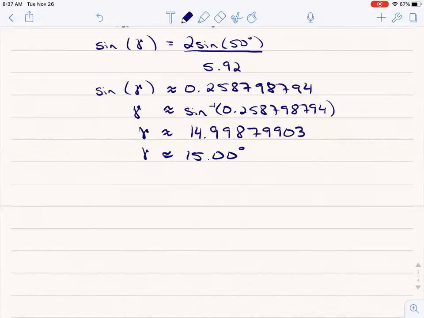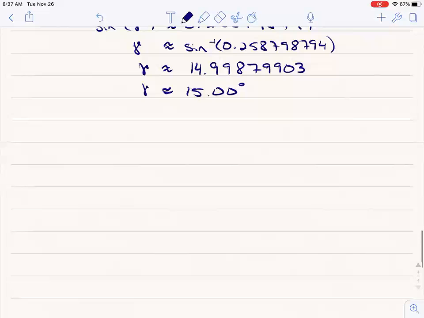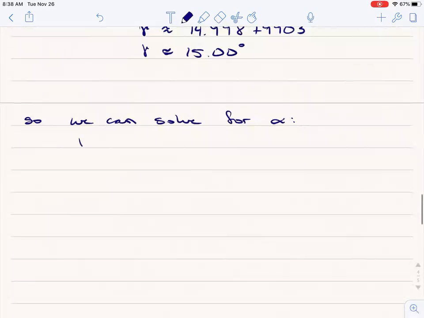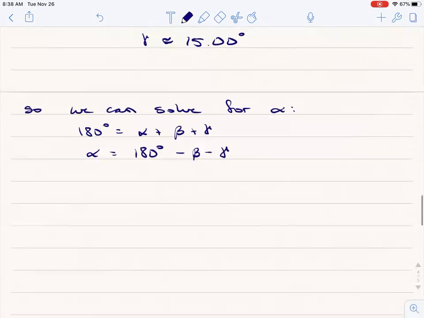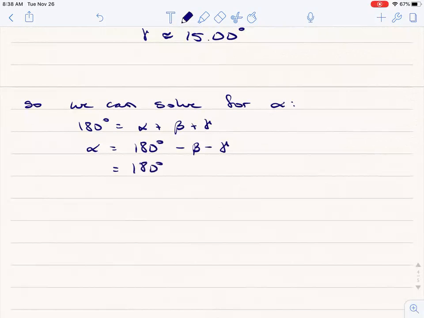Now, if we know beta and we know gamma, we can solve for alpha, right? Because they all have to add up to 180 degrees. So 180 degrees has to be equal to alpha plus beta plus gamma. And so alpha is 180 degrees minus beta minus gamma. 180 minus 50 minus 15.